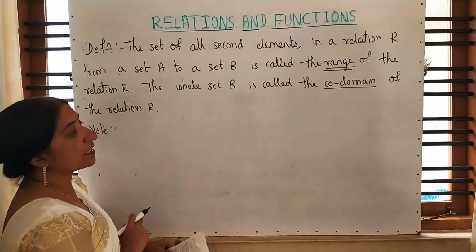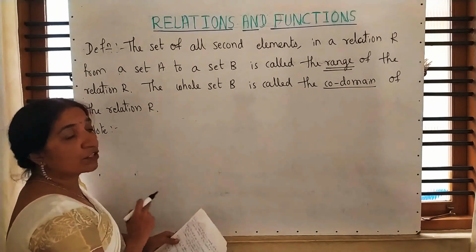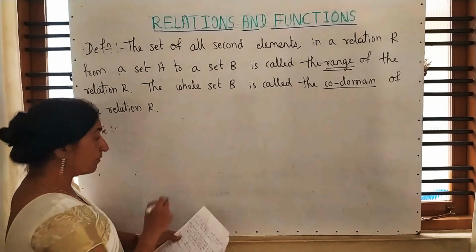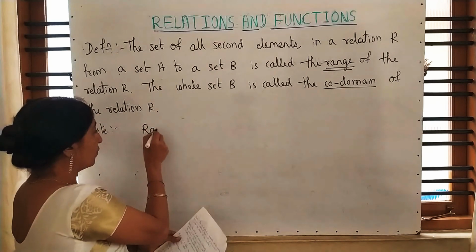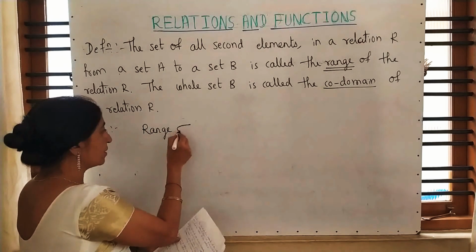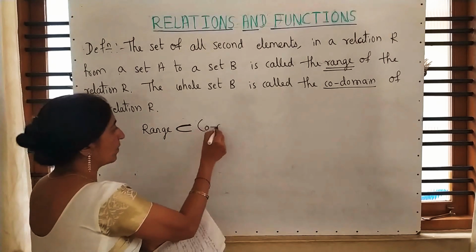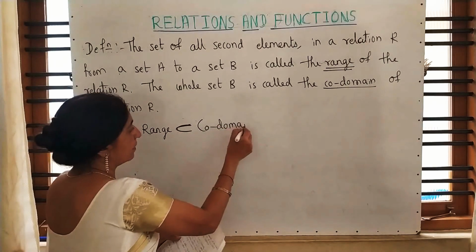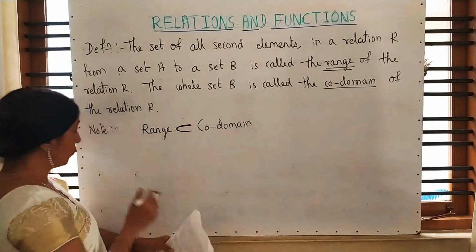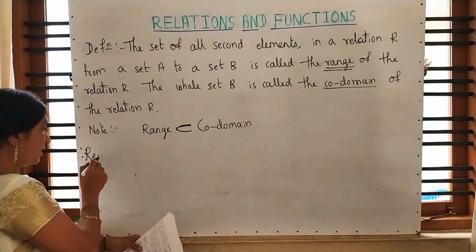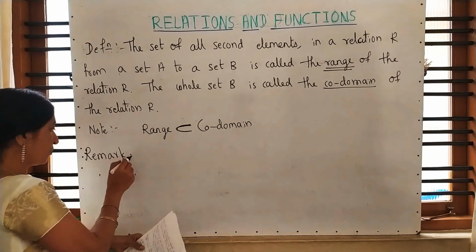The complete set is called the codomain. That means which one is the bigger set? Codomain is the bigger set. Therefore, an important note: range is a subset of codomain. Both are sets. Now mark this. They are very important points you have to remember.